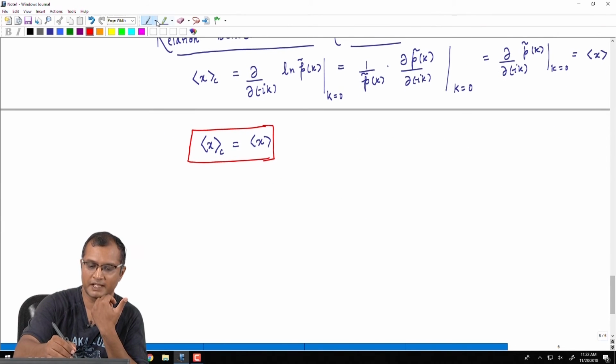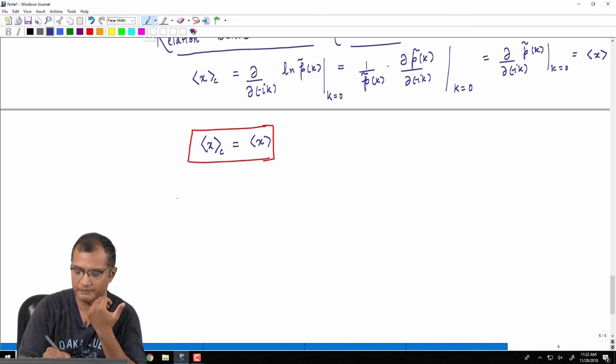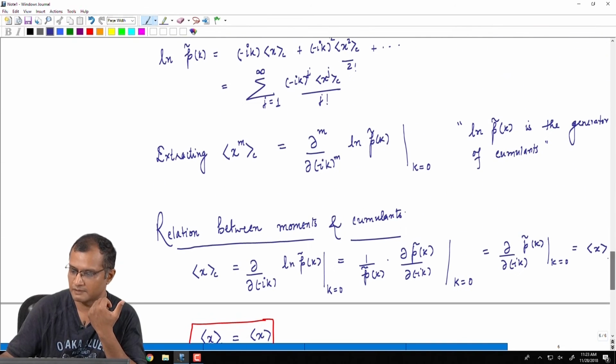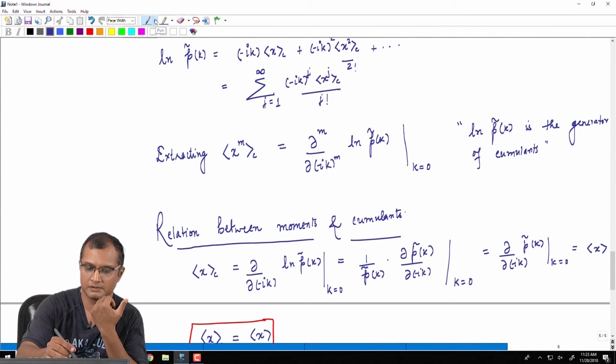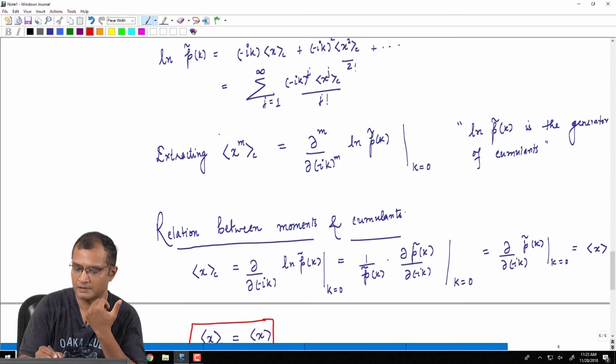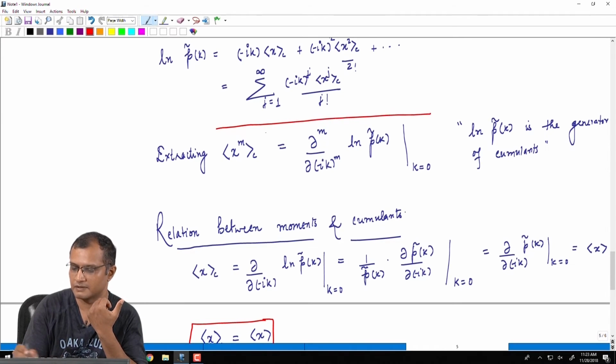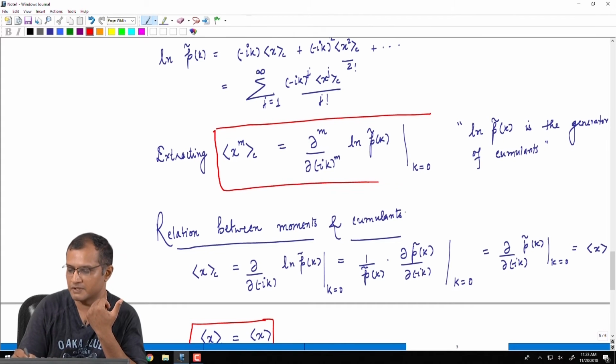Let us compute the second cumulant. By the definition which is here, this is the definition of the mth cumulant.